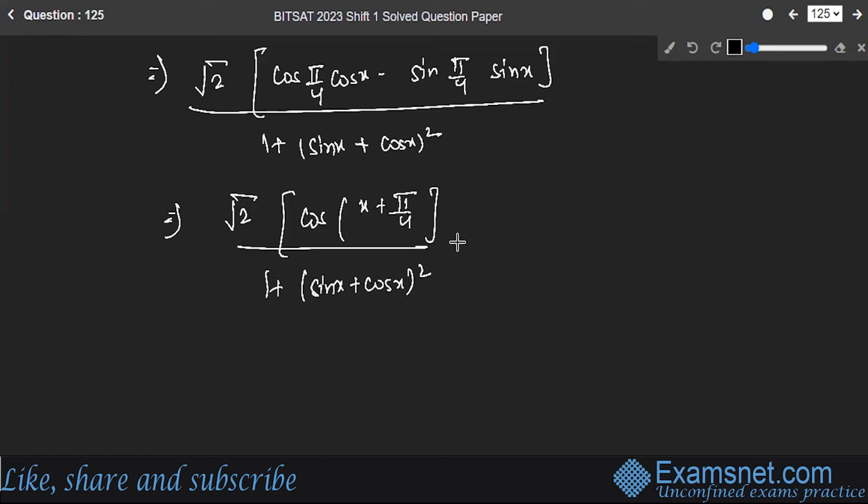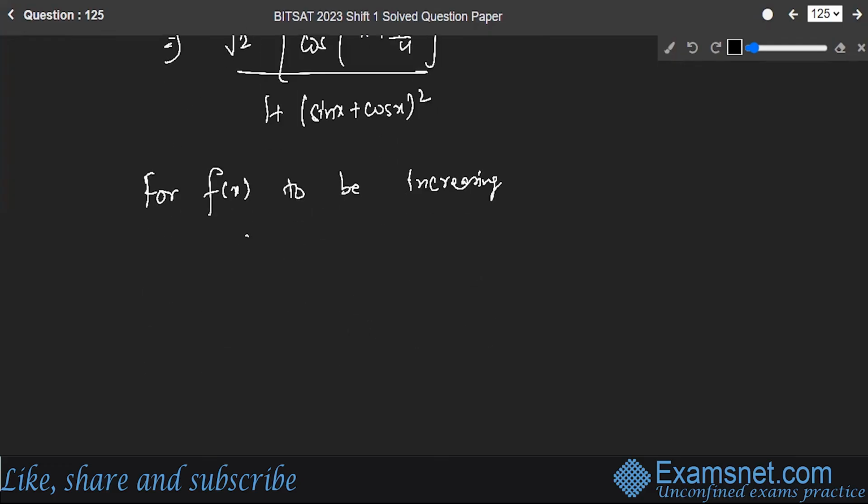Now, you are given that f(x) is increasing. For f(x) to be increasing, its derivative should be greater than 0. That is, f dash x should be greater than 0, which means, of course, because the denominator is a positive value, this should definitely be greater than 0.